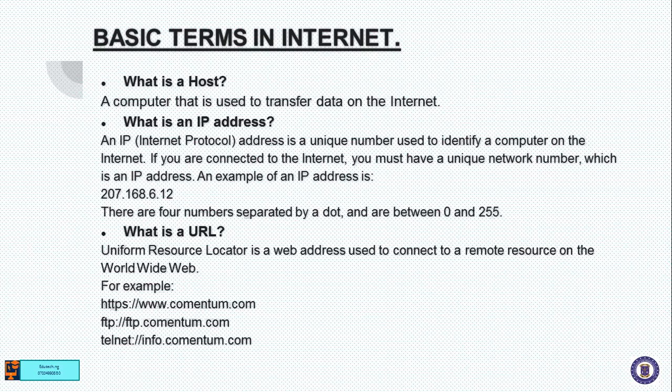On the internet, you have different addresses, different pages, different websites. But the URL will help you to identify the very page that you are looking for, or that you want to get information from on the internet.